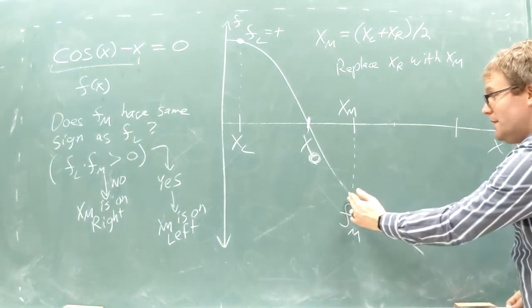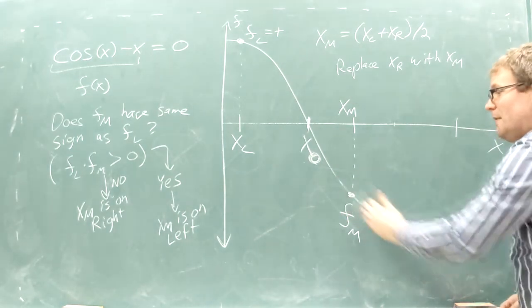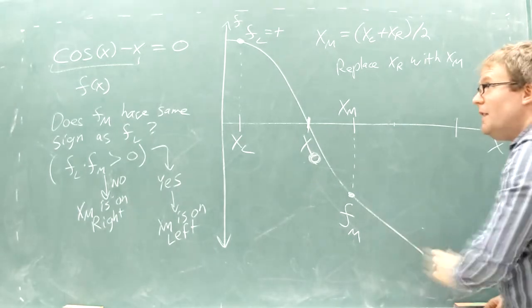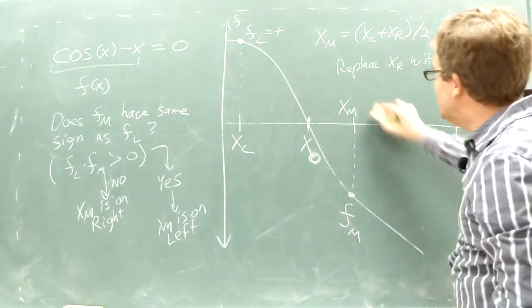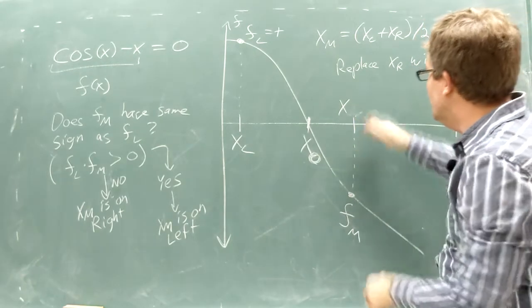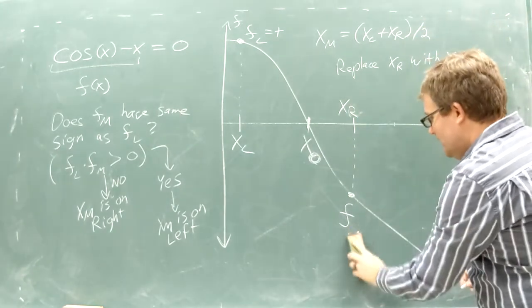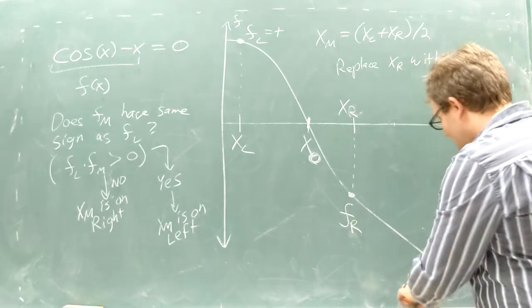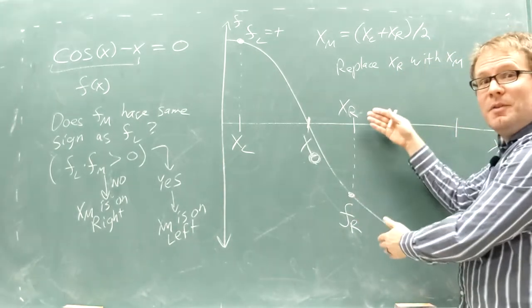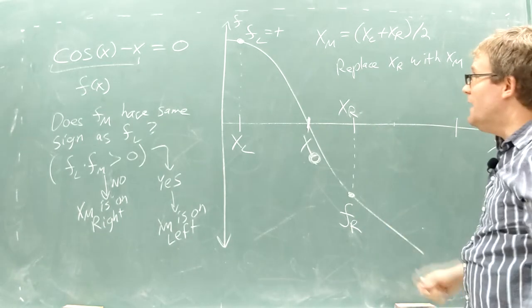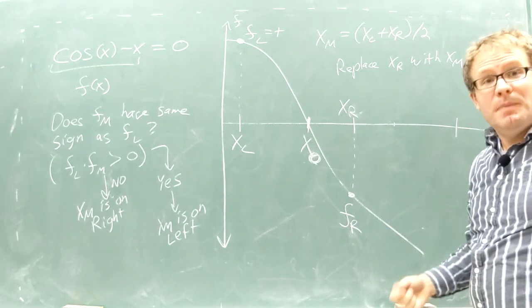If this thing is negative and this thing is negative, the root can't be anywhere in between here. If this is positive and this is negative, I know the root has to be in between here. That makes this midpoint my new right point. So where I previously had fr and xr, I can now replace that with the value of xm and fm that I just had. Then we can repeat, right?